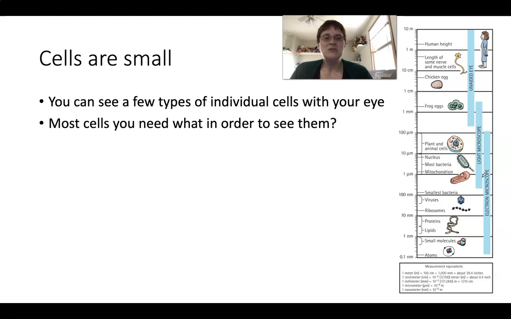So these are just going to use regular light. And remember when we talked about atoms in the chemistry chapter, atoms are too small to see with the naked eye because light rays are too spaced apart. Well, they're not too spaced apart in order to see these kinds of cells.